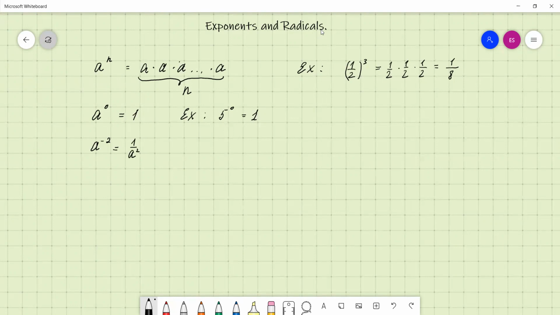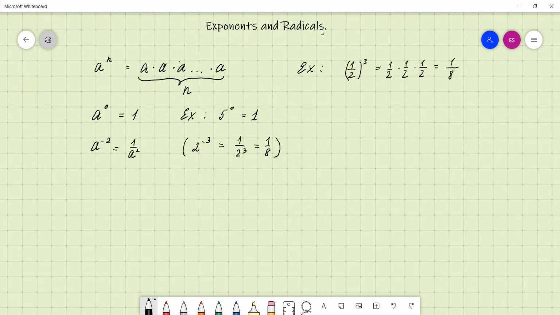So when we have a minus in front of a power, we understand it as 1 divided by a to that power. For example, 2 to the power of negative 3 is 1 over 2 to the power of 3, which is still 1 over 8.